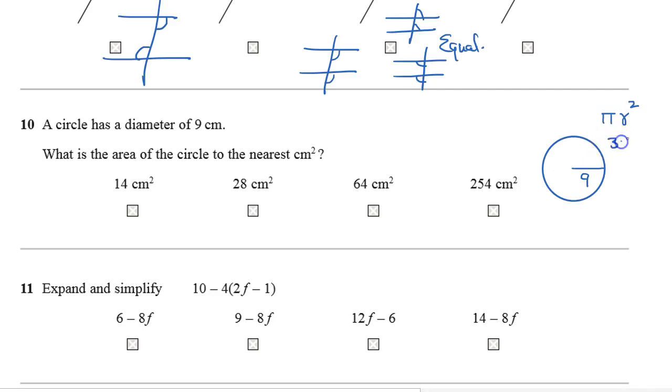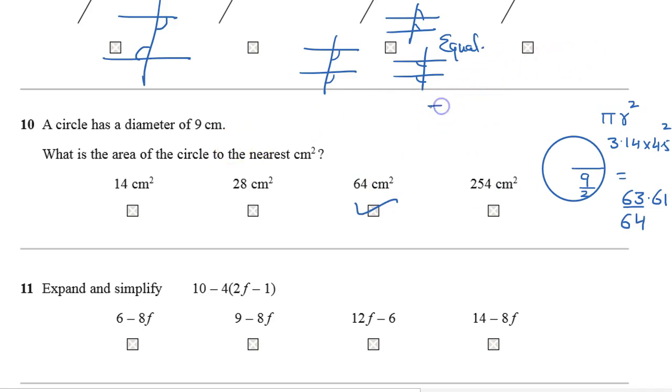So that is 3.14 multiply, it's saying diameter is 9, so radius is 9 over 2, that is 4.5 square. So this is 63.61. To the nearest centimeter, the next digit is more than 4, so our answer will be 64 centimeter square.